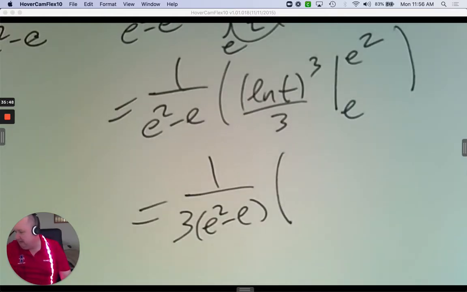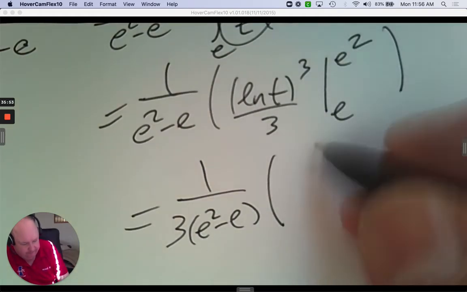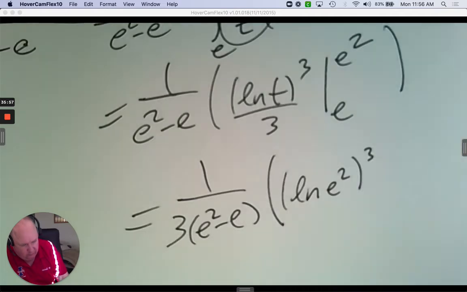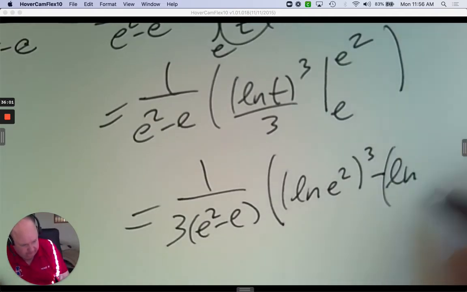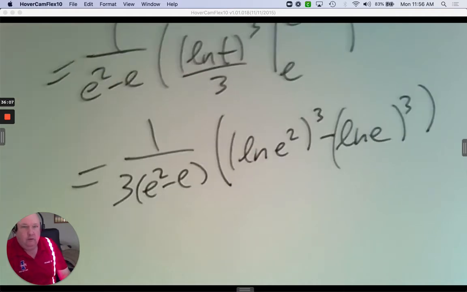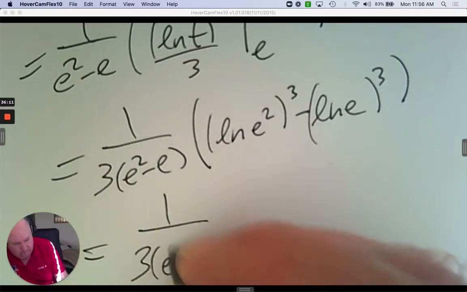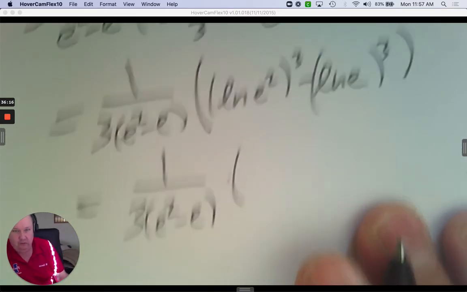And then we're going to plug in. Start with the upper limit. That's ln e squared, cubed, minus ln e, cubed. If I had to simplify this, I could.